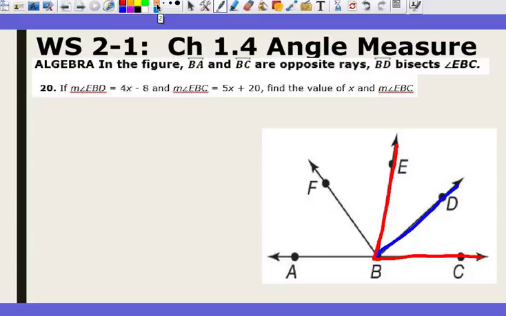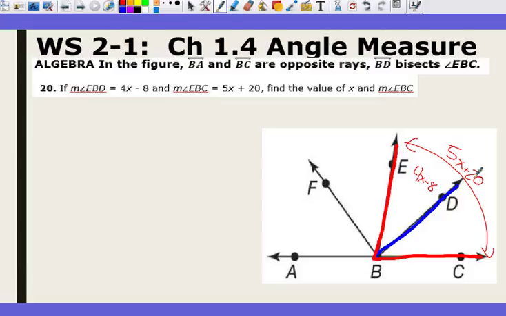If EBD is 4x minus 8, and EBC, so this entire thing here, is 5x plus 20, find the value of x and find the value of EBC. So we need to find x first.